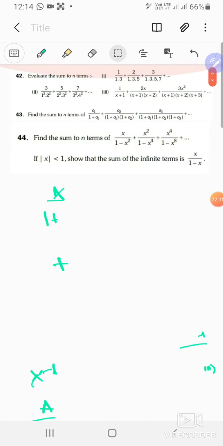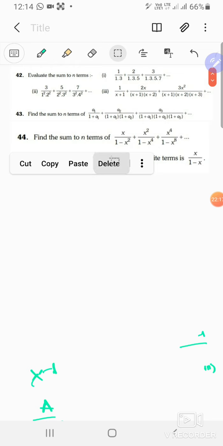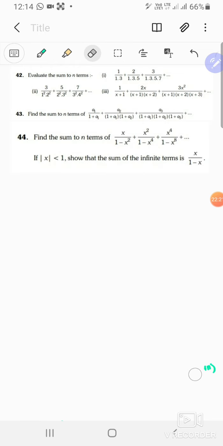The next question is, find the sum to n terms of a1 upon 1 plus a1, plus a2 upon 1 plus a1 into 1 plus a2. Okay, so it is almost like these questions, and now that we have had enough practice, I think it shouldn't be too hard to figure out how to solve this.